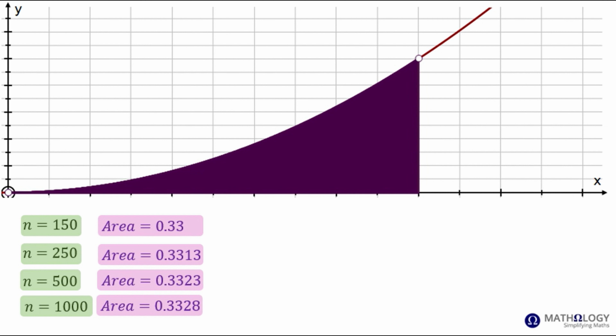And these are approximations, they're rounded to 4 decimal places. But it's safe to assume that it would reach a limit of a third. So in other words, as the number of rectangles approaches infinity, then the area would approach a value of a third.